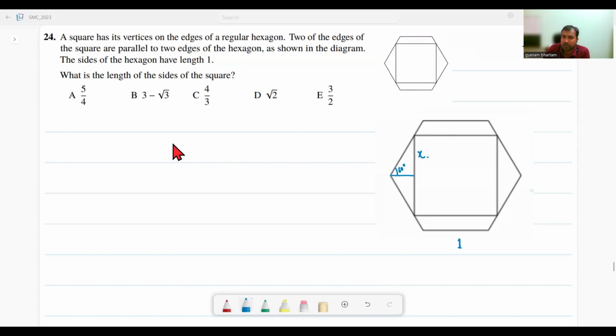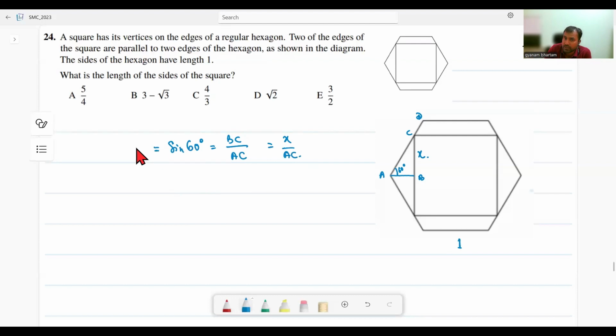So by the 60 degrees, we can say sine 60 degrees, let us assume A, B, C, D, is going to be CB or BC over AC, which is X over AC.